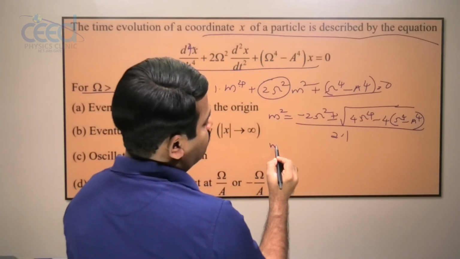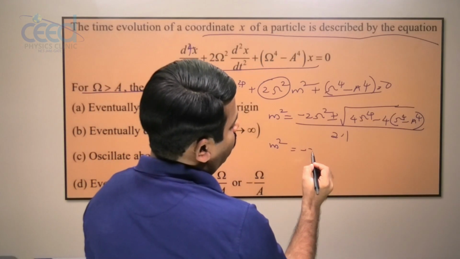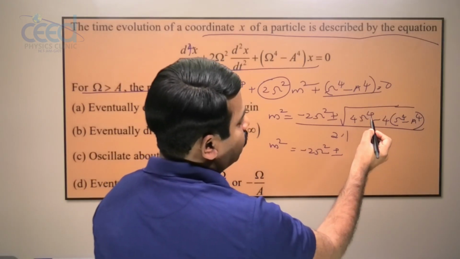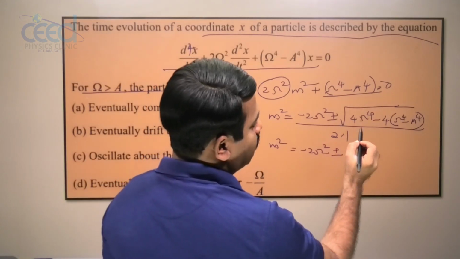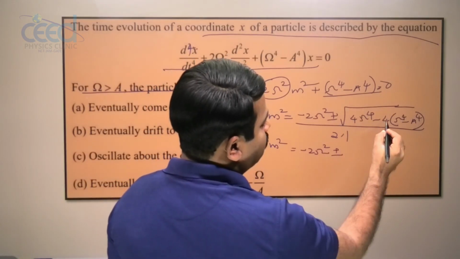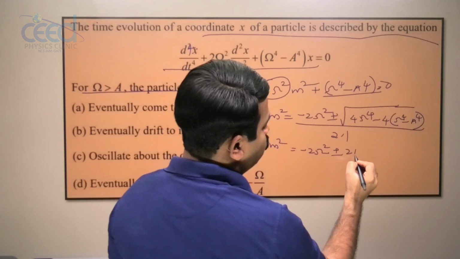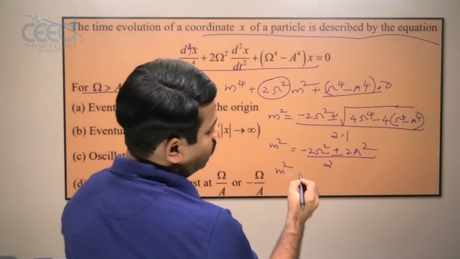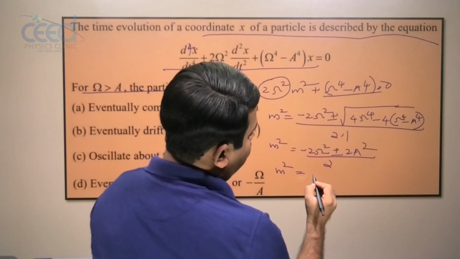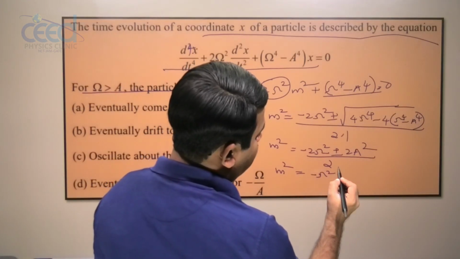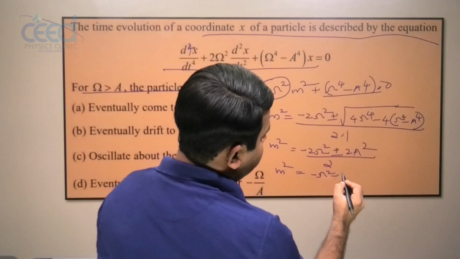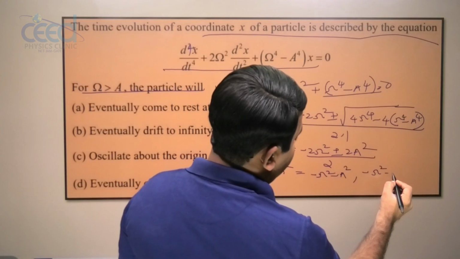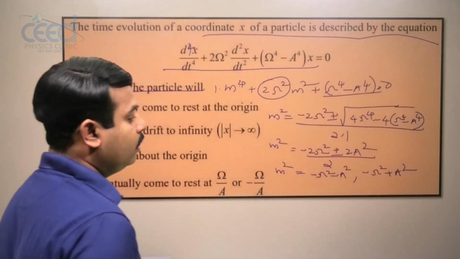So m square is equal to minus 2 omega square plus or minus root of 4 omega raised to 4; the 4 omega raised to 4 cancel, leaving root 4 a raised to 4, that is 2a square, divided by 2. This I can write as m square is equal to minus omega square minus a square, or minus omega square plus a square.